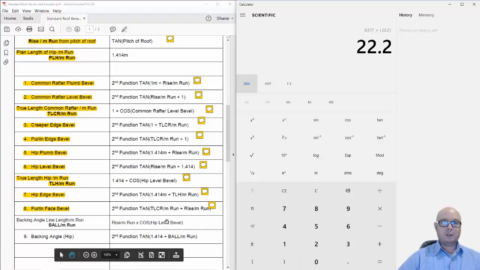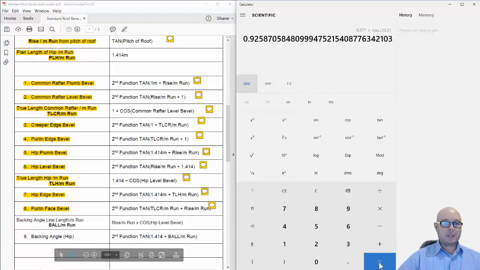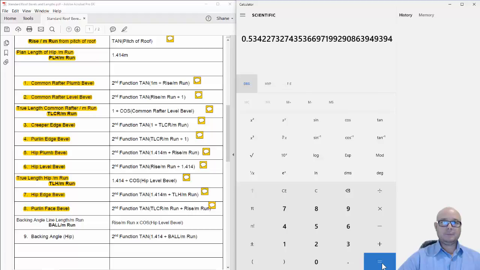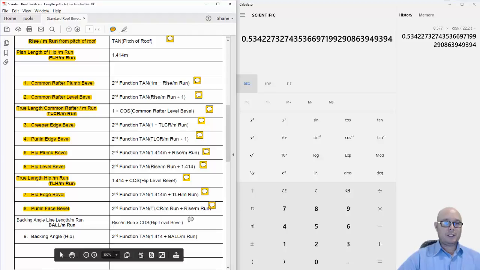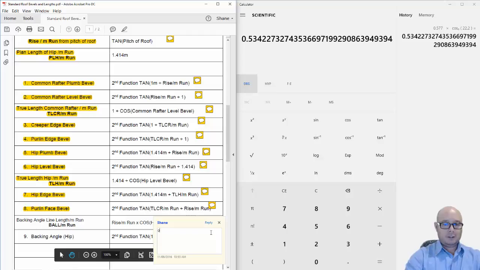Close that, and I've got to use cos this time, so I'll hit the cos button, and then I'm going to hit the equals button to get the final answer. And the final answer for this is 0.534. So I'll just put that in a sticky note, 0.534.